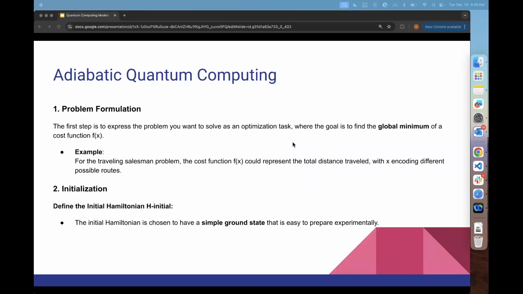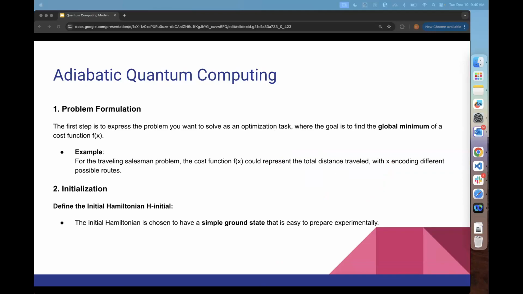So the first step in adiabatic quantum computing is problem formulation. The first step is to express your business problem as a mathematical optimization problem. This involves defining a cost function, f of x, where the goal is to find the global minimum.